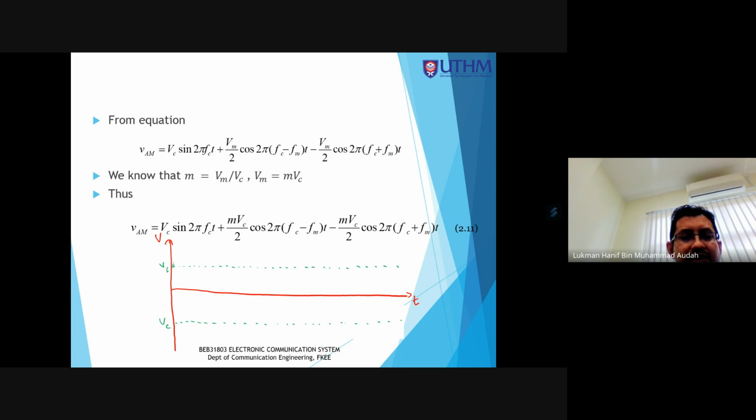This is an imaginary line to guide me to draw the signal. And I will also draw another dotted line on the negative side, like this.